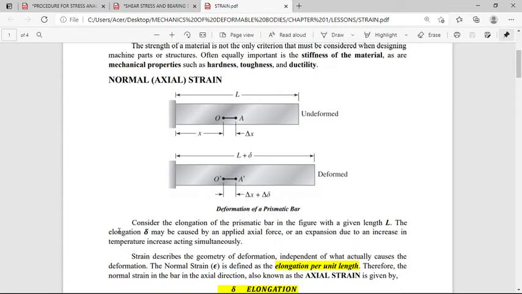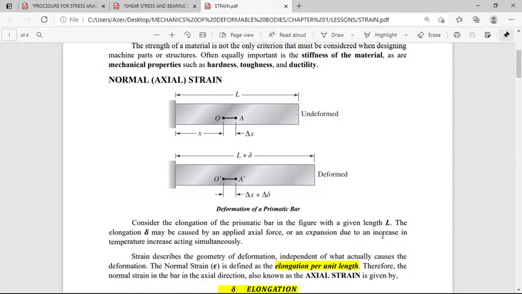Yung elongation, or gamma pala, gamma may be caused by an applied axial force. Correct ko, elongation is given by the symbol gamma. May be caused by an applied axial force or an expansion due to an increase in temperature, increasing or acting simultaneously.